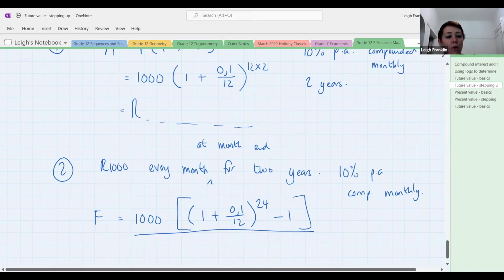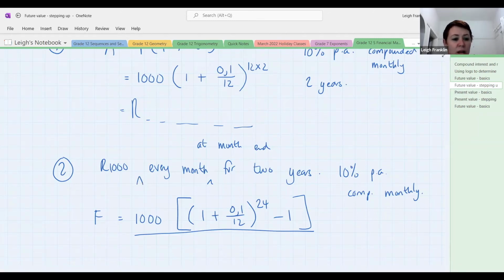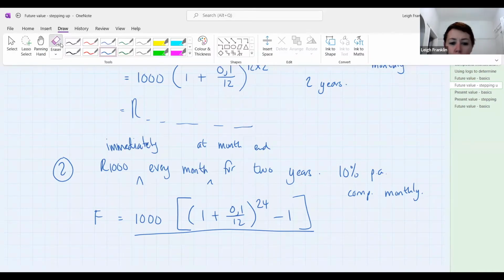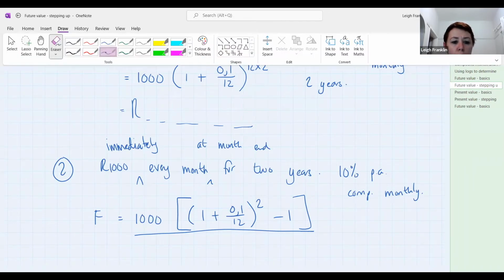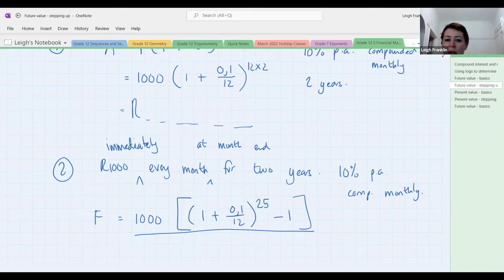Or if I deposit 1,000 Rand immediately and continue to do so at the end of every month for 2 years, is N still going to be equal to 24? No, it's not. It's now going to be equal to 25, if I made an immediate payment.